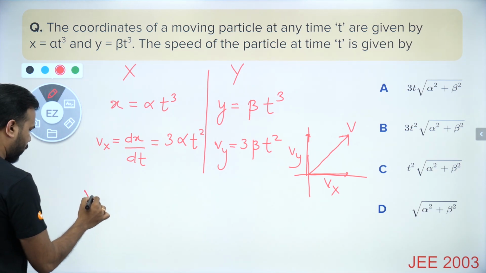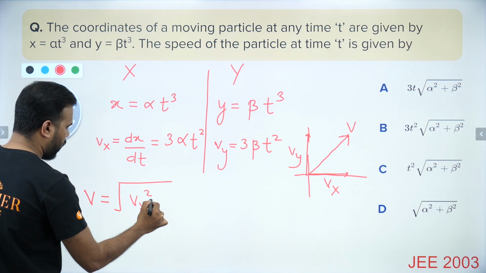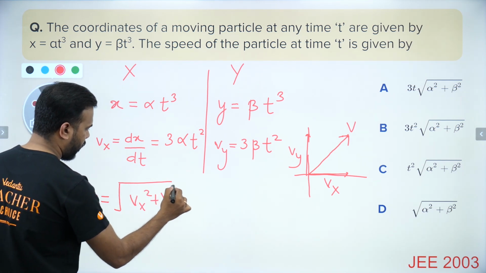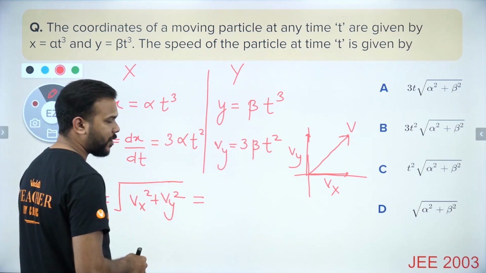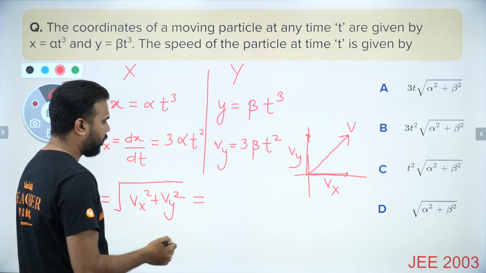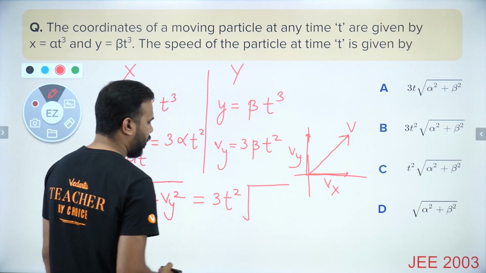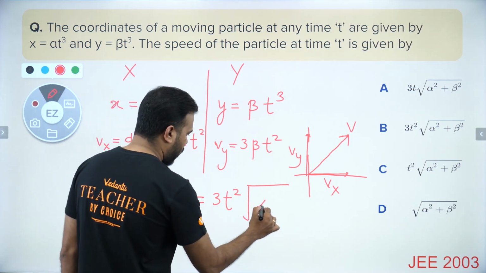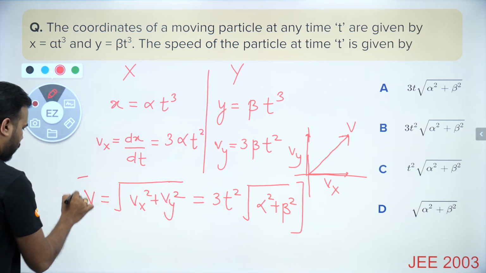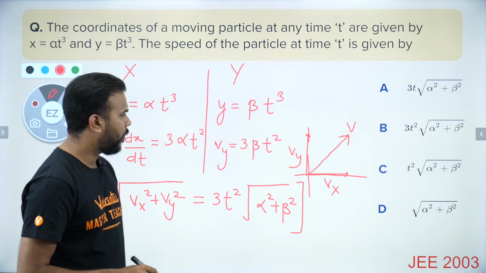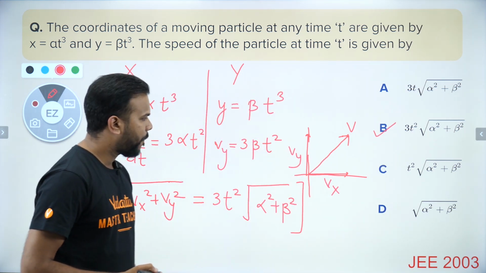You know how to calculate the resultant of both of them, that is under root of Vx square plus Vy square. So square this and square this as well. 3t square is common, so it will come out of the bracket, and under the root you will have alpha square plus beta square, which looks like the answer to this question to me. And if we look at the options, it appears to me as option B.